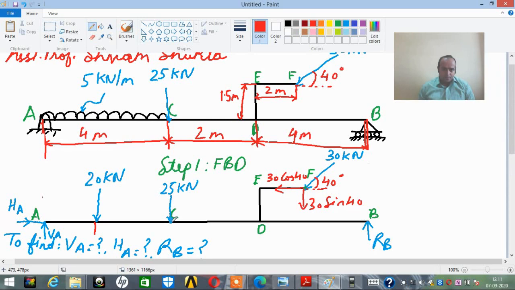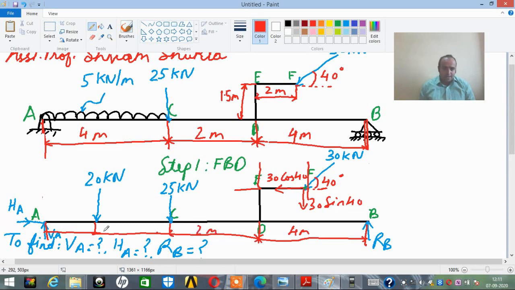Now I would like to show the distances one by one. Over here, this one, this one, this distance, as well as this particular distance. All these distances we can show straight away once I draw this line. 4 meter, 2 meters.